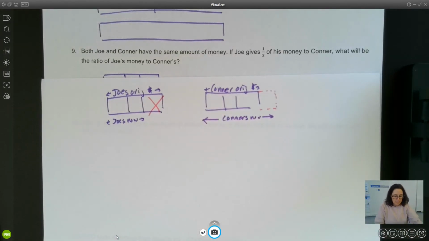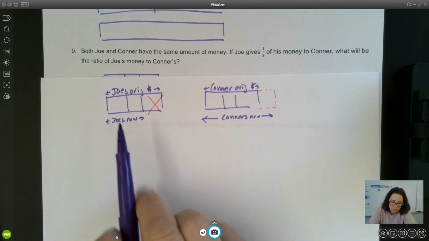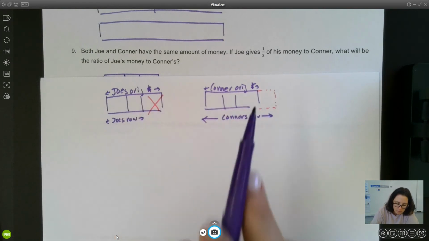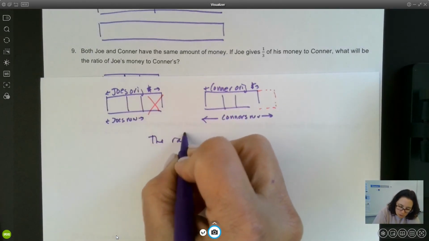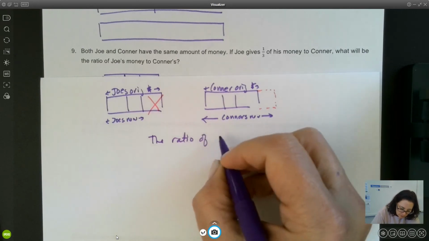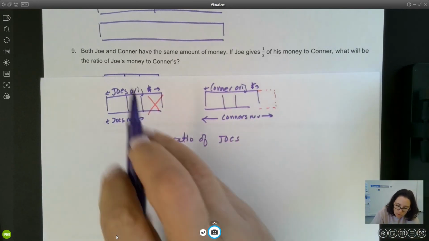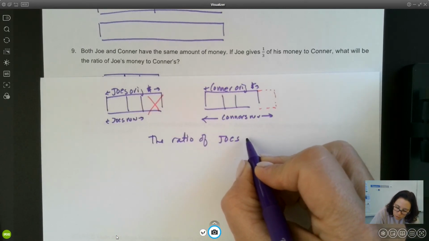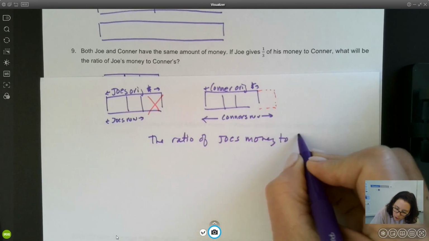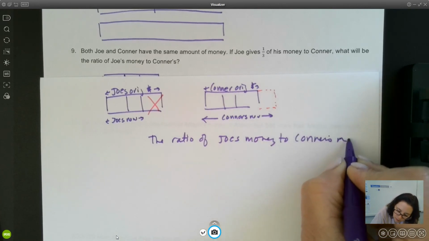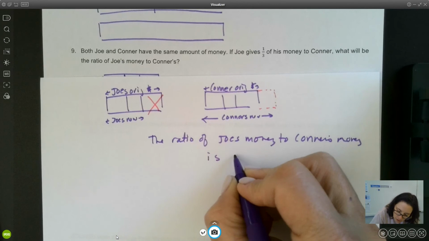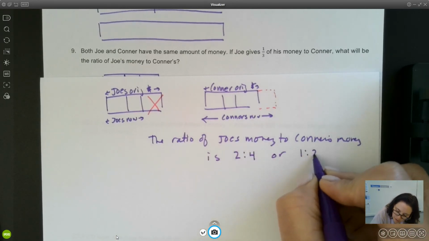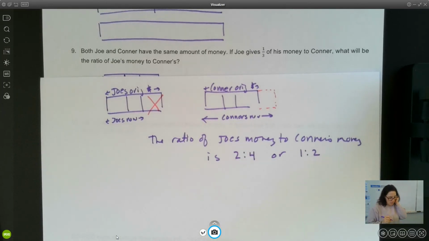Okay, so is it clear that you're seeing 2 pieces for Joe, 4 pieces for Connor? So the ratio of Joe, they want Joe to Connor. The ratio of Joe's money to Connor's money is 2 to 4, or we can simplify that 1 to 2, either way.